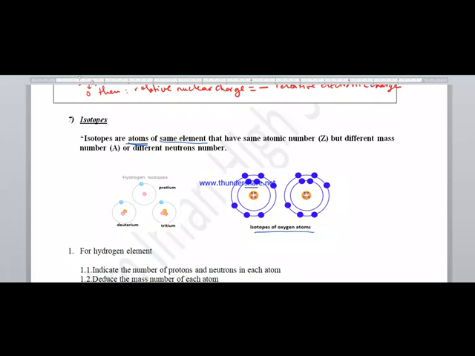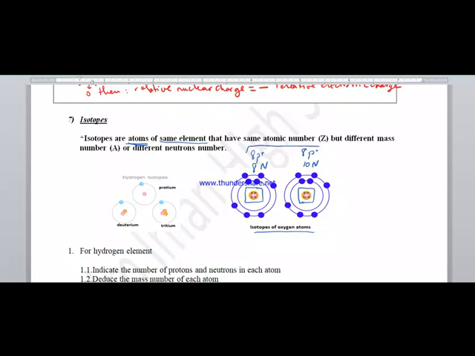If we look at the nucleus of the first isotope of oxygen, we have 8 protons and 8 neutrons. The other form of oxygen has 8 protons and 10 neutrons. These are the most important isotopes of oxygen.